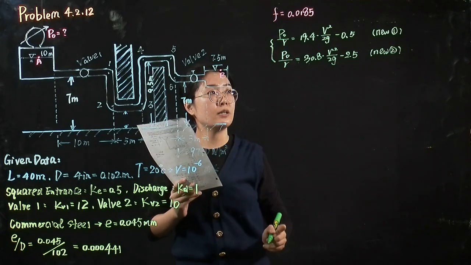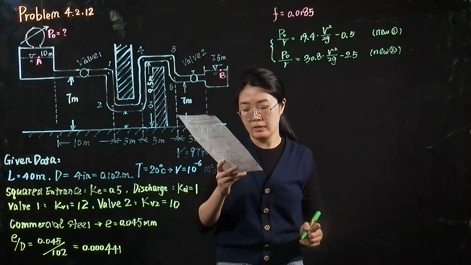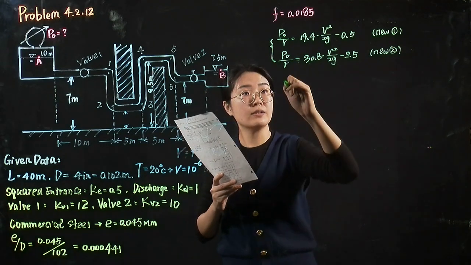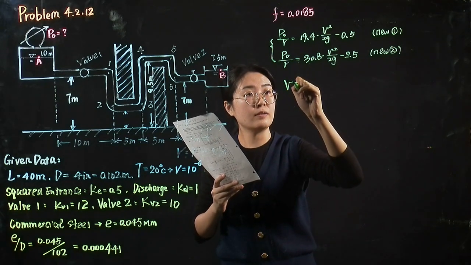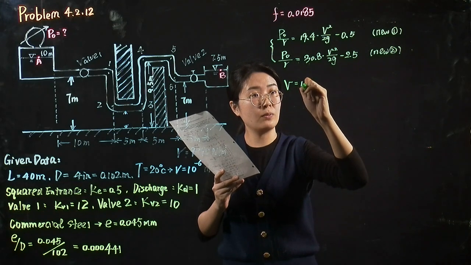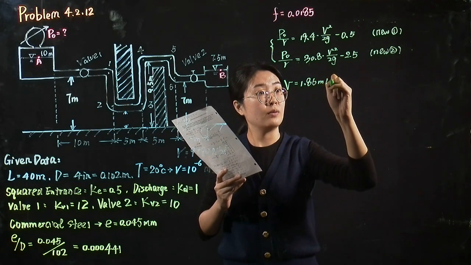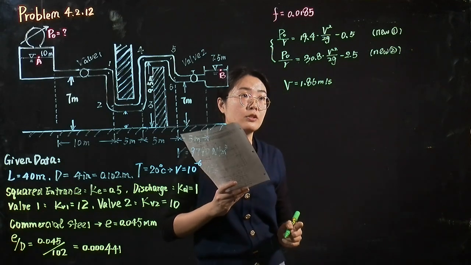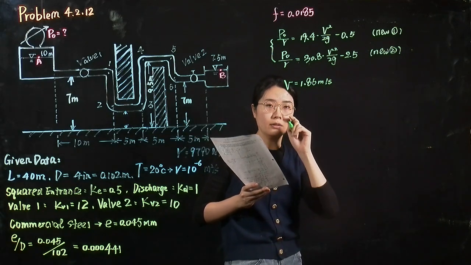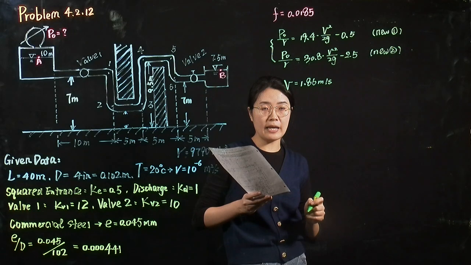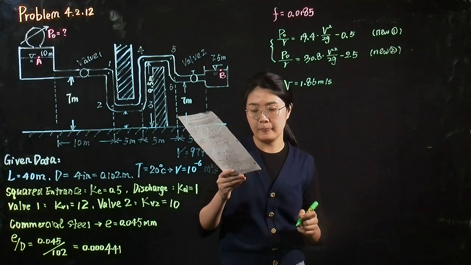Two unknowns and two equations. Then we can get the velocity equals 1.86, which is similar to our previously calculated velocity.